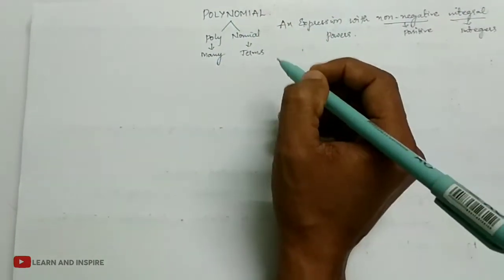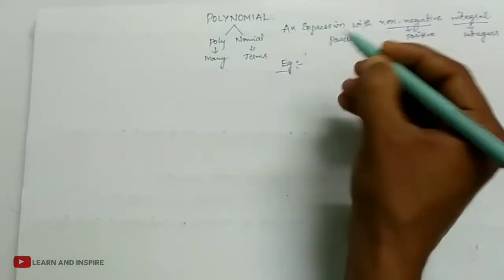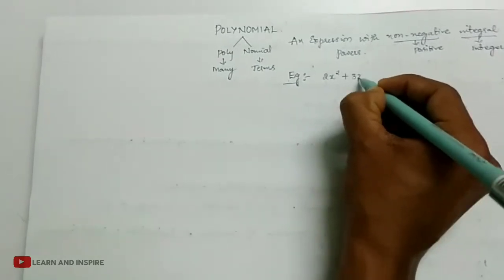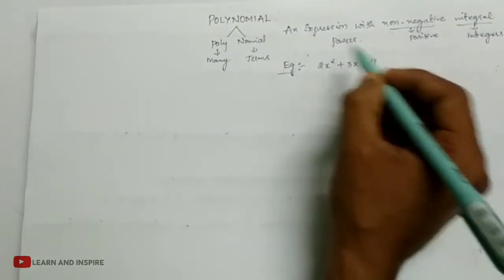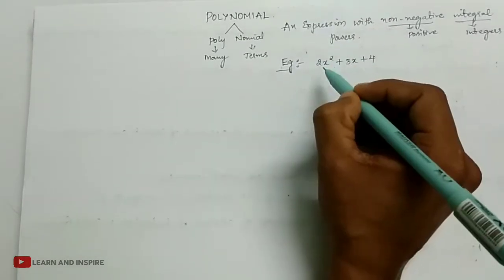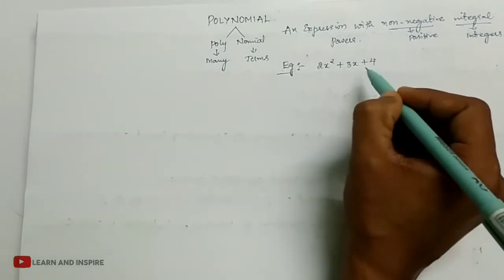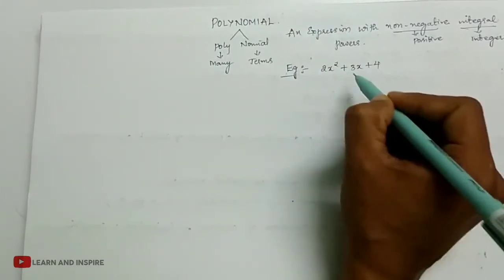Let us see an example of whether it is a polynomial or not. 2x square plus 3x plus 4. This is one polynomial. Here we have only one variable, that is x.